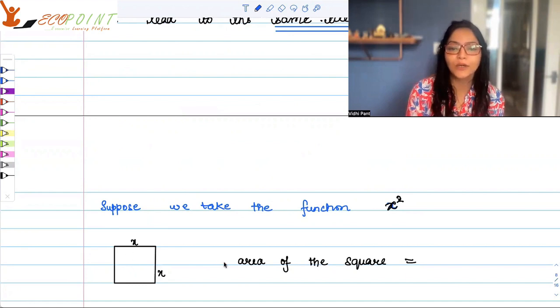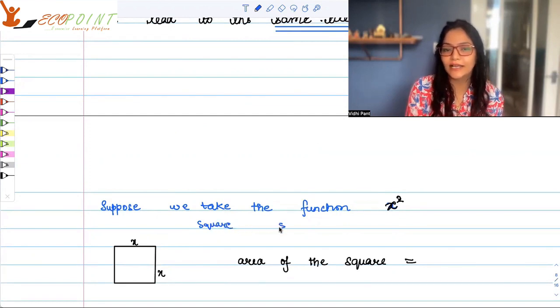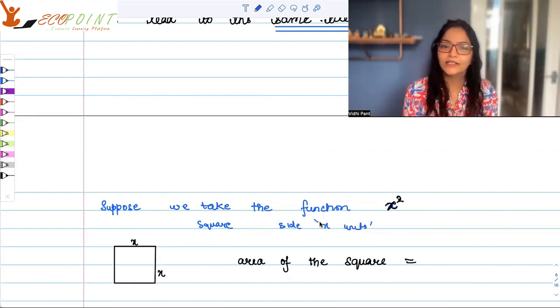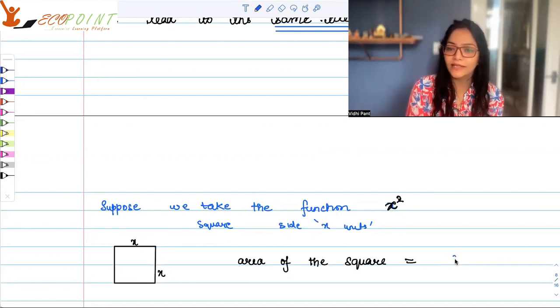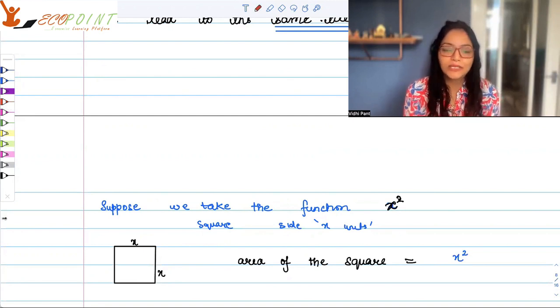If you take a square with side x units, what is the area of this square? It's x square. The function that I was interested in, x square, could be seen as the area of a square whose side is x.